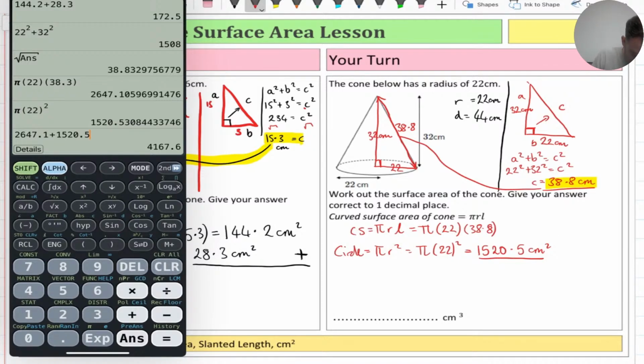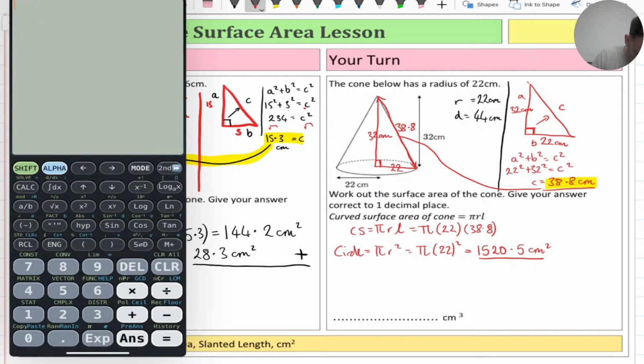So it's going to be shift pi times by 22 times by 38.8, which is equal to 2,681.7 centimetres squared there. It's not going to make that much of a difference, but it's definitely important. So then that's right now. So let's just add those together.